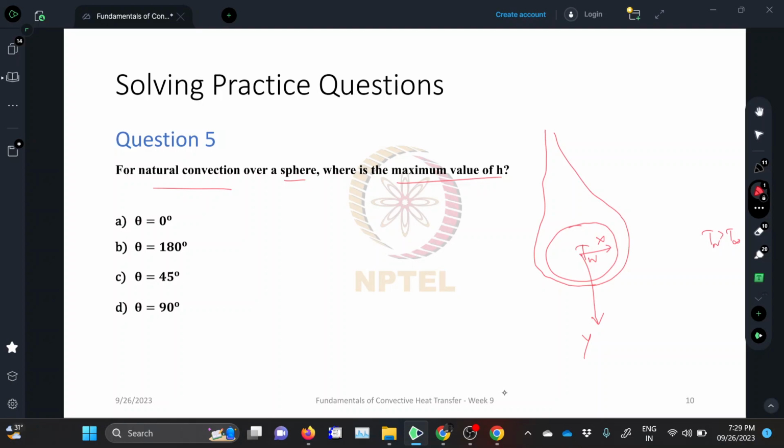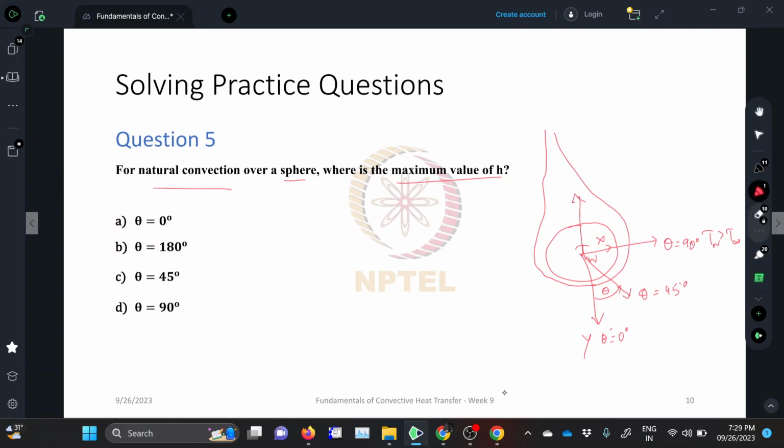I'm measuring theta from y. So this is theta. Theta equal to 0 degree would be here. Theta equal to 45 degree somewhere here. Theta equal to 90 degree over here.